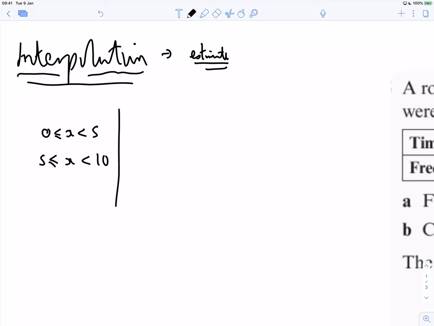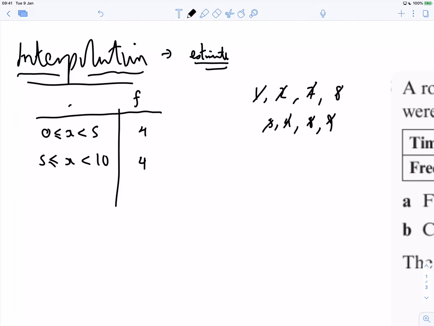And let's say I've got this data: 1, 2, 7, 8, 3, 4, 8, 9. What would that correspond to? Well, I've got 1, 2, 3, 4 here, and I've got 1, 2, 3, 4 here. So that's where the data set came from, and this is how I'd represent it in a grouped table.